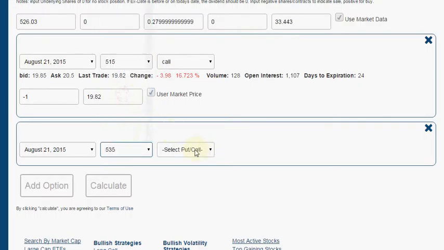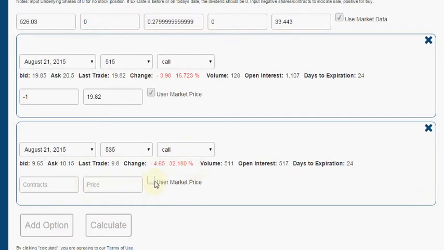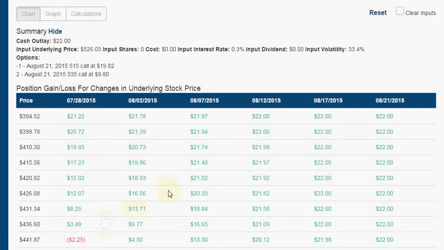So let's do a strike price of 535, so kind of even the whole thing out. Here's the market price. You buy 2. And you calculate.